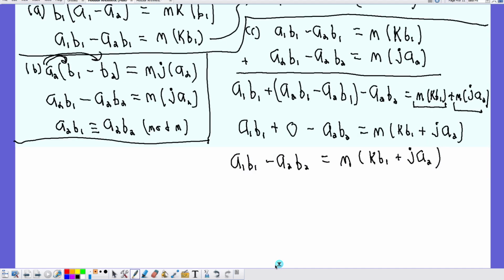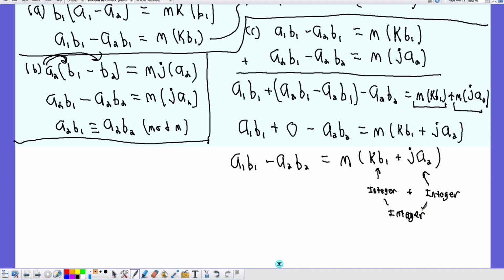Well, looking at the right-hand side, I have M times some value. That value is made up of the product of two integers, which would be an integer, and another product of two integers, which would be another integer. And if I add two integers together, that would get me an integer.